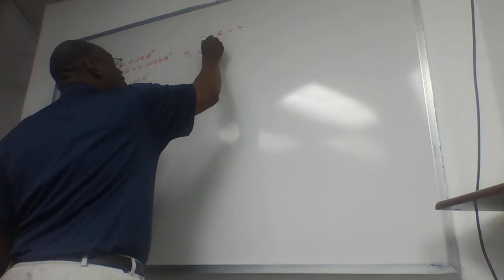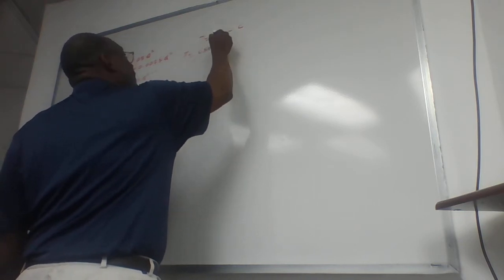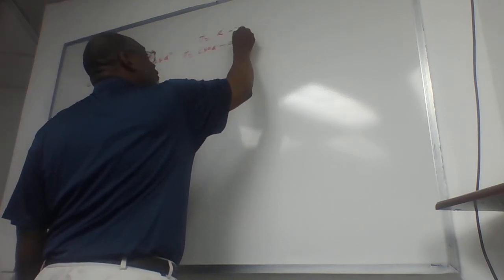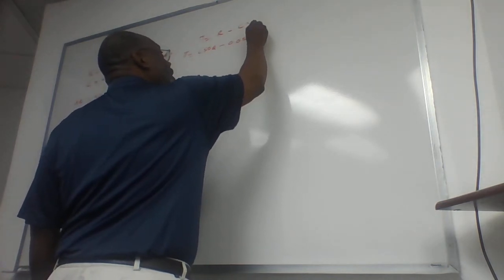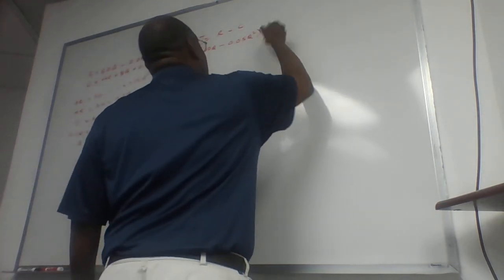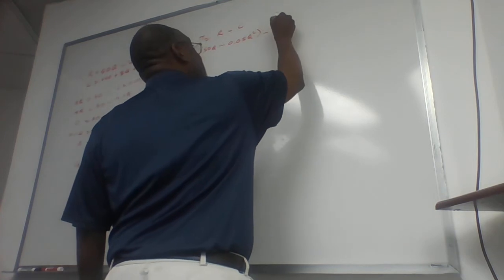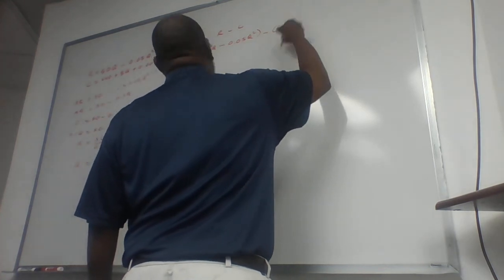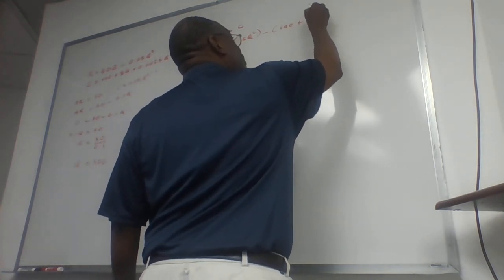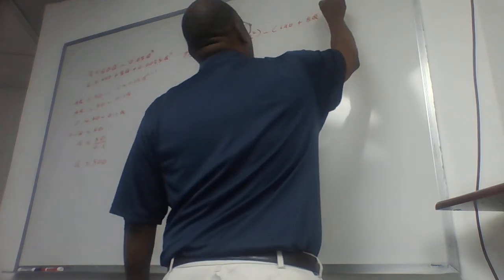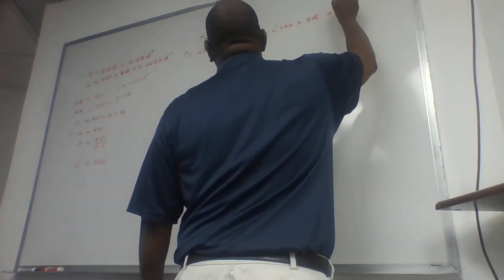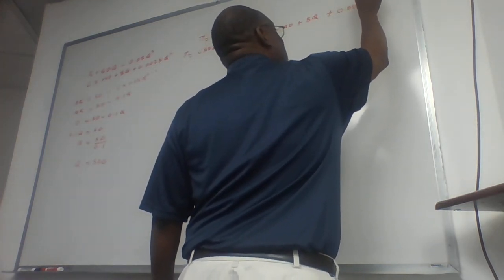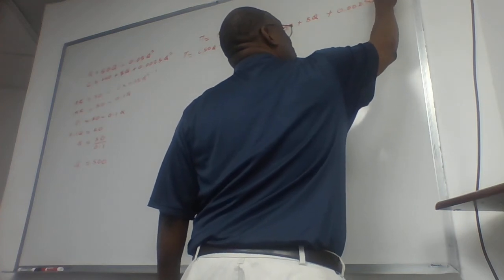It's 50Q minus 0.05Q squared, minus 640 plus 8Q plus 0.0025Q squared.